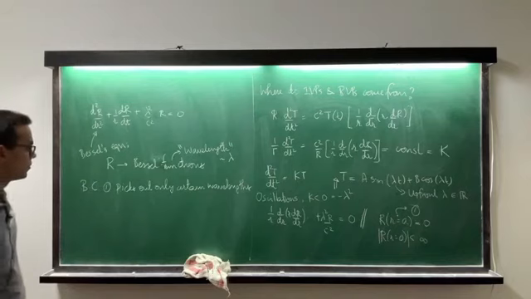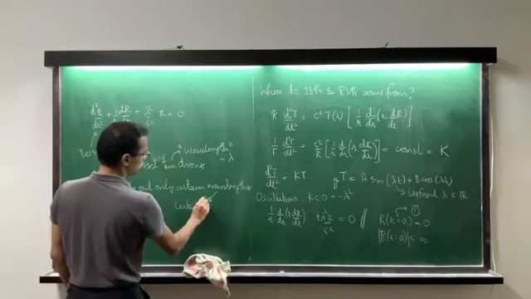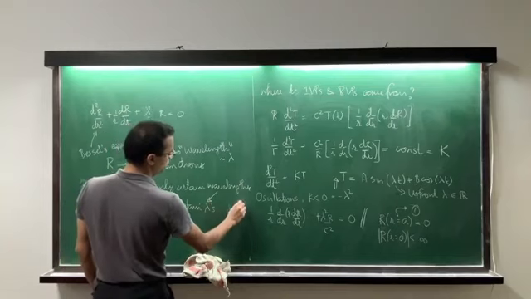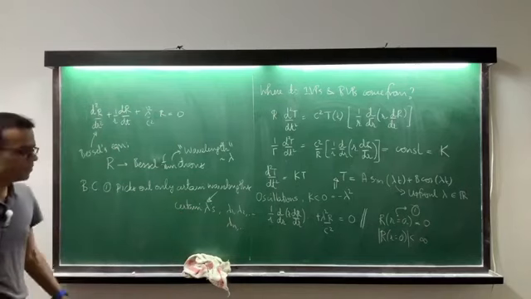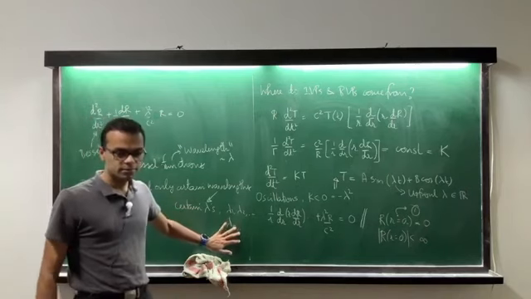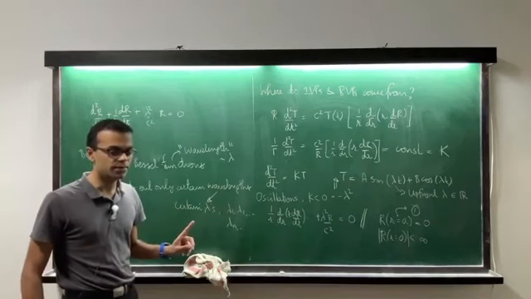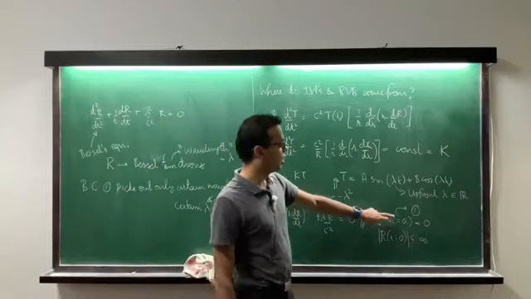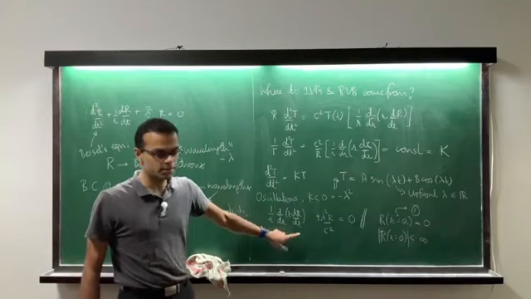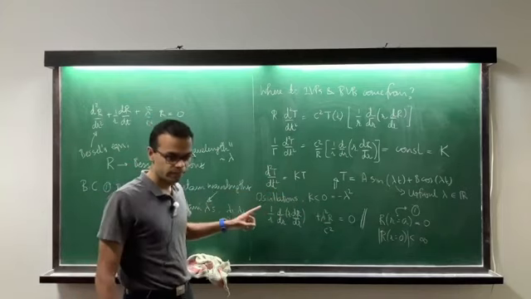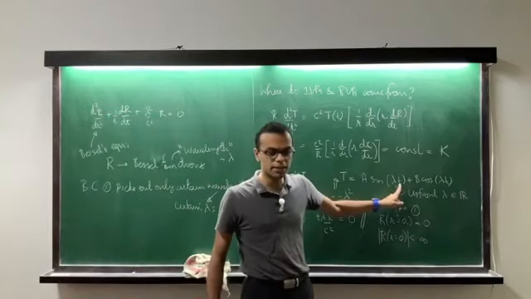So the boundary condition picks out only certain lambdas. We call them lambda 1, lambda 2, and so on, in general some lambda, and in general there will be infinitely many of them. So the boundary value problem gives you discrete values of lambda which satisfy the boundary condition, and so you have only certain values of lambda for which you will get a solution to this equation. This is the equation plus boundary condition. That means correspondingly for each lambda you have a different frequency in the time oscillating problem.